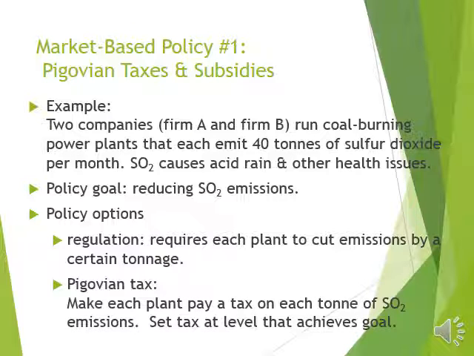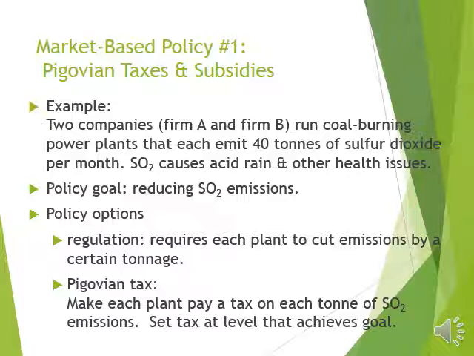But another way of doing this, which is potentially easier and also probably easier at determining the actual social optimum, is to provide a Pigovian tax. Tell each plant they will have to pay a tax for each ton of SO2 emissions that they emit.